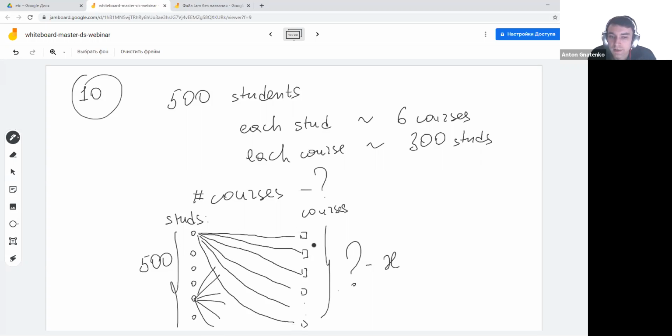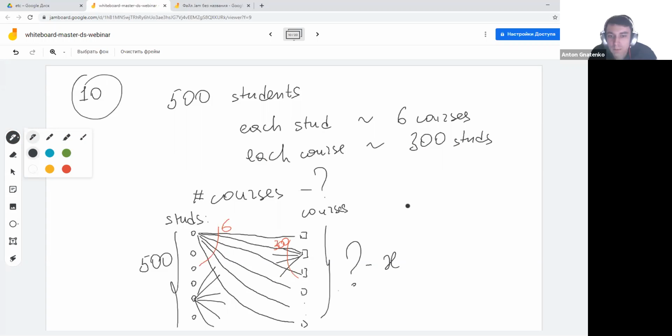We don't know how they are really connected to the courses, but we know that for each course we have 300 incoming lines. This is what is said in the statement.